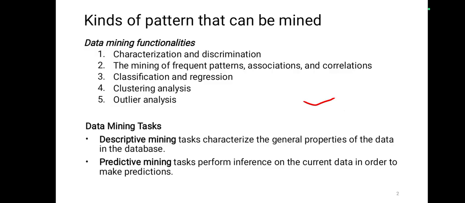Kinds of patterns that can be mined. Before learning any algorithms, we must understand what data mining actually tries to discover. Think of data mining as a detective. Imagine a detective investigating a crime scene. He doesn't randomly search everywhere.